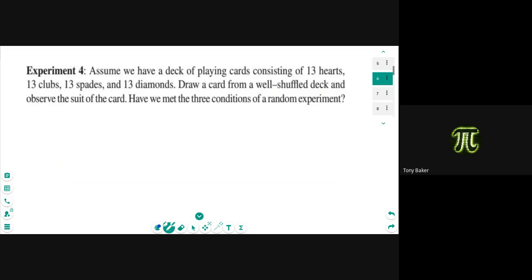What is the sample space for this one? The suits. So my sample space would be hearts, clubs, spades, or diamonds.